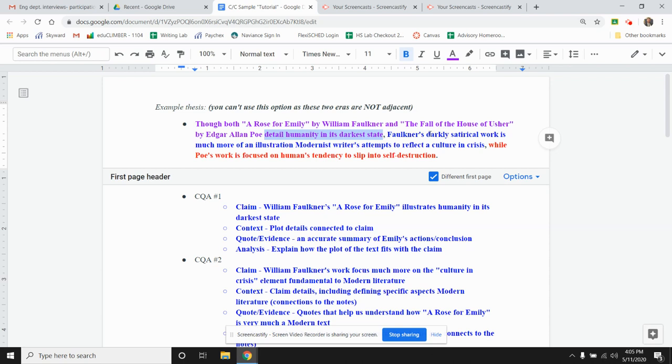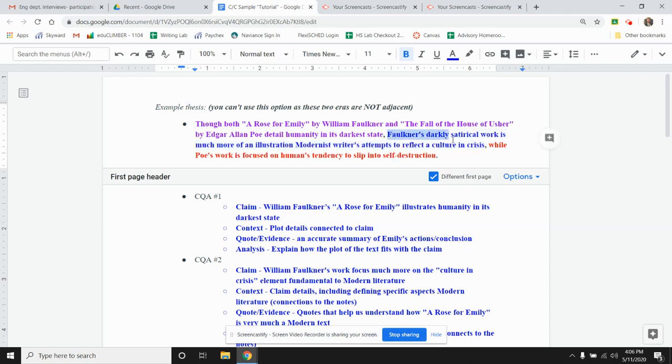The two subpoints, however, are explaining that despite these similarities, there are some differences. That Faulkner's work is satirical, that it's a modernist writer's attempt to explain how his culture is in a state of crisis. Poe's subpoint is explaining that mankind has a tendency to be self destructive in nature.